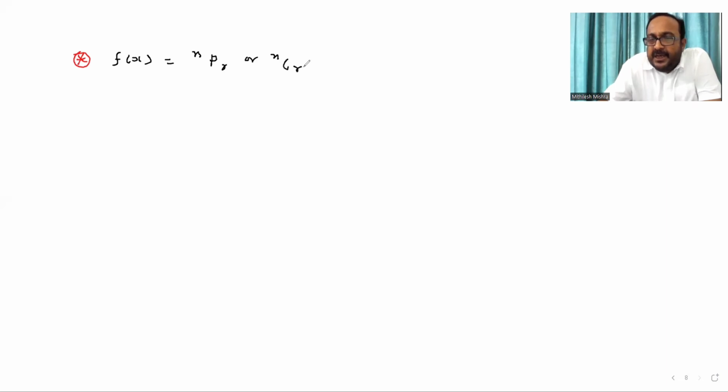That means permutation and combination. Naturally, n, a counting number, should be greater than 0. From permutation and combination, r must be greater than or equal to 0. n must be greater than or equal to r. Here, n and r must belong to positive integers because they are counting numbers.